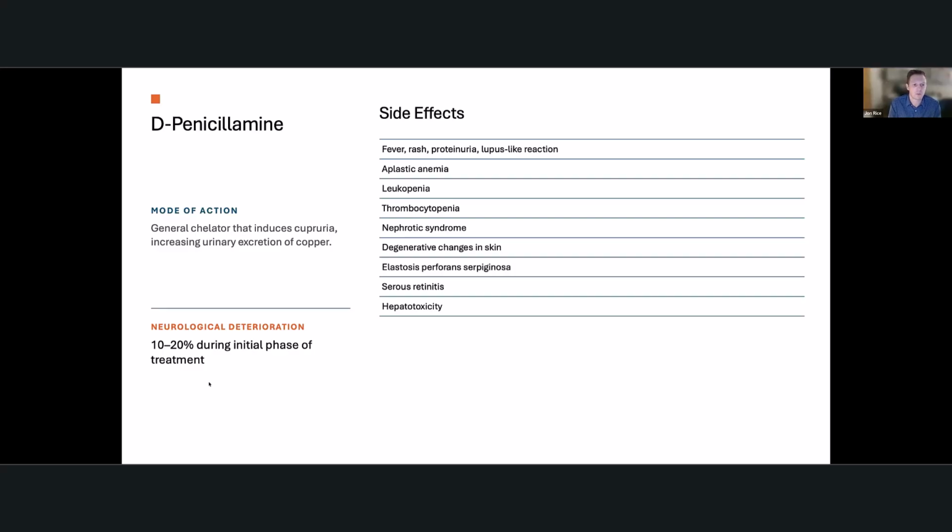So there's a lot of things here, as well as some more rare ones that we need to monitor for. Starting this medication does require looking for things like proteinuria, watching blood counts, things like that. So you have to do it in a safe manner.